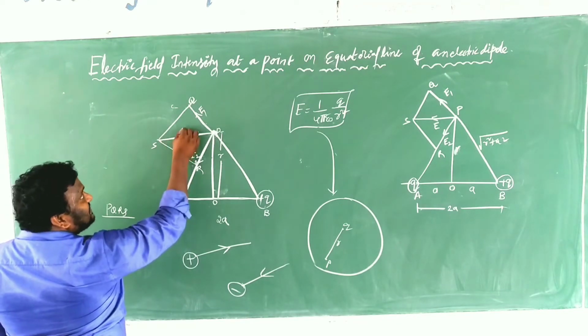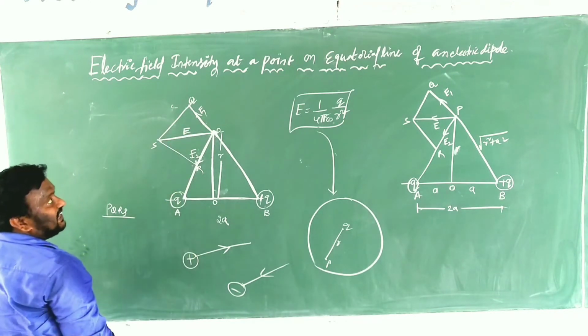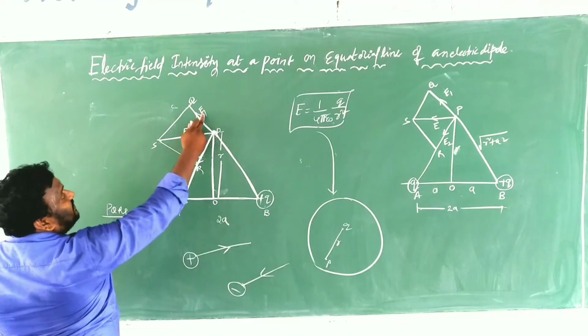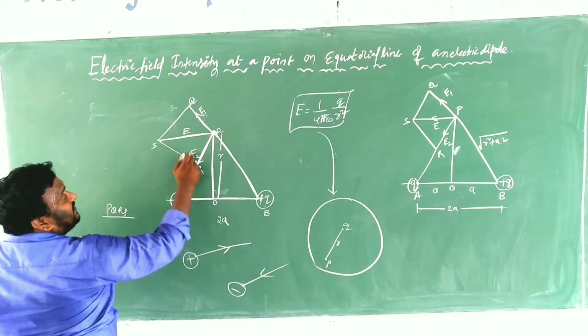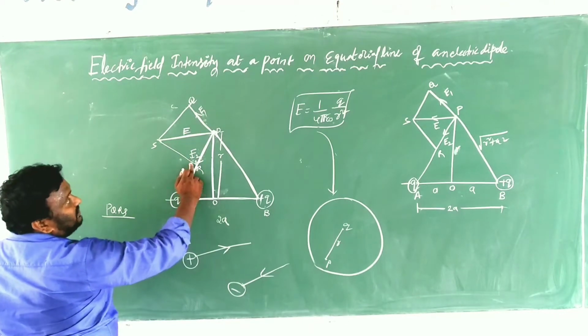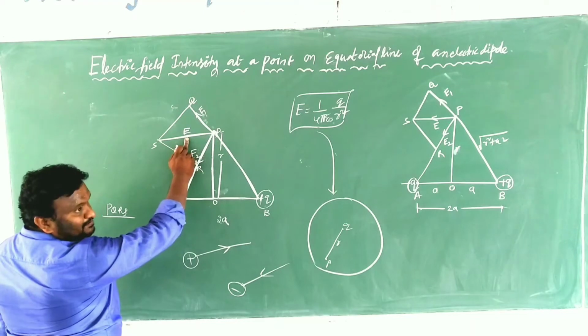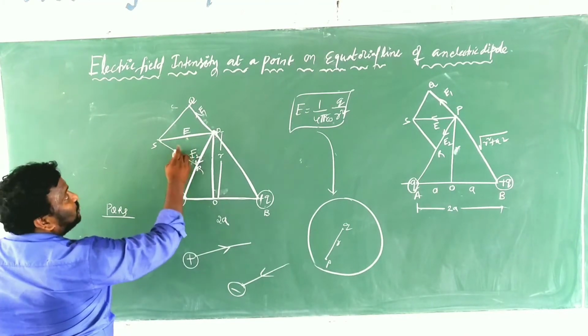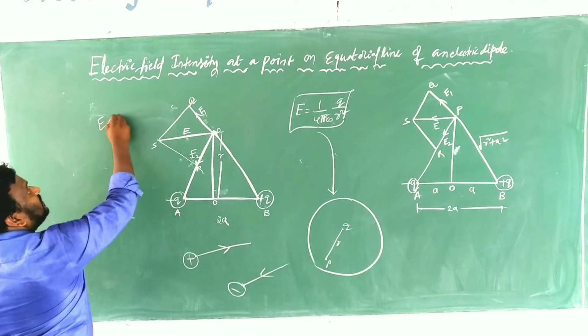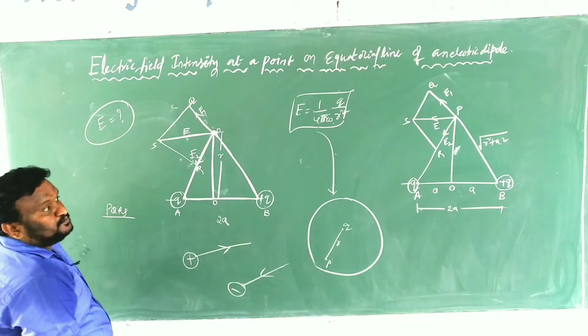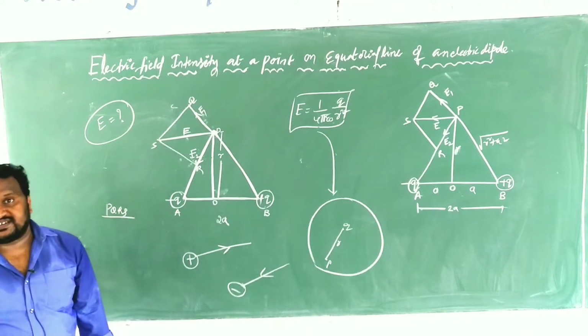So that resultant is given by the diagonal, that is E. So that's why here E1, E2 are there. These two are taken as adjacent sides of the parallelogram. Then the resultant of these two should be given by the diagonal, that is E. Clear? So now we have to find out the expression for E from that diagram. That is the question we have to discuss here.